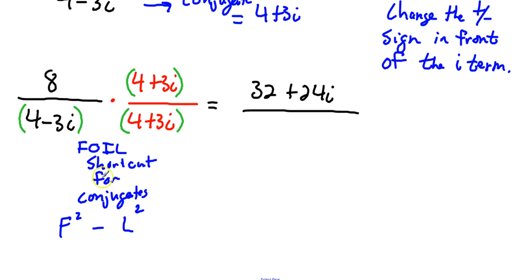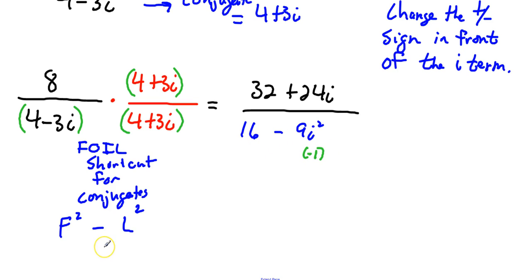So for this one, the first term is 4 times 4, 16. Then minus the last term, which is 3i times 3i. Well, that's going to be minus 9i squared. Change the i squared to negative 1. Same thing on that one. Take the i squared out, replace it with negative 1. So here's an even better shortcut.